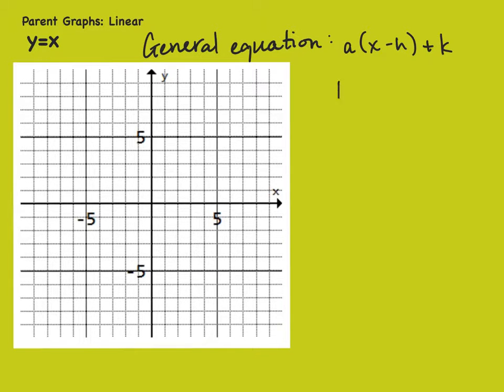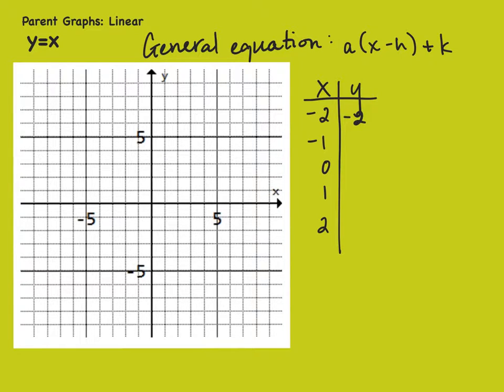And you're going to have a table. You have that table on your sheet. It has 5 values. In some cases you may have to go beyond those 5 values, but not all of them. The general ones I suggest, -2, -1, 0, 1, and 2 for your x values. Then you get your y values by putting them into the parent graph equation. Linear is obviously pretty basic.